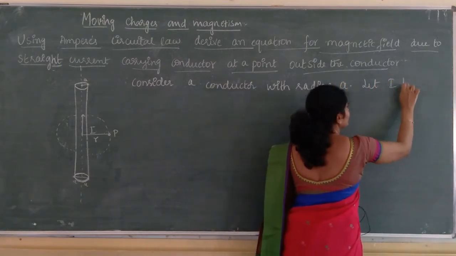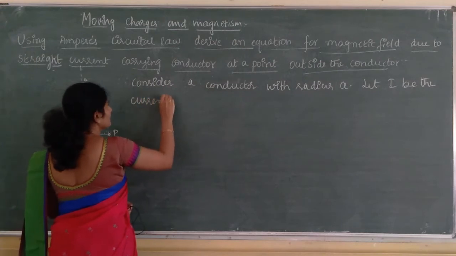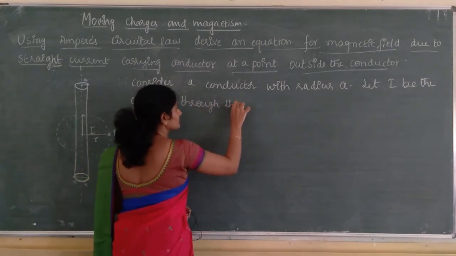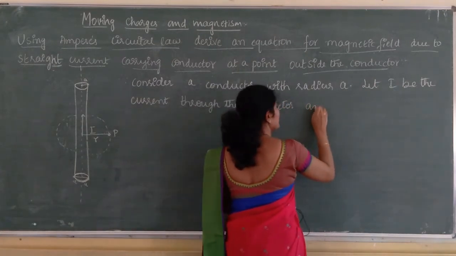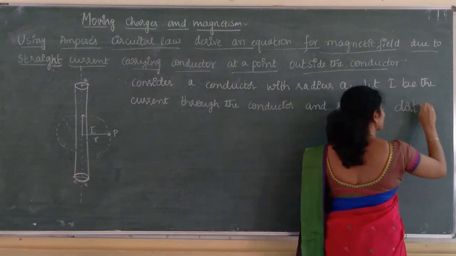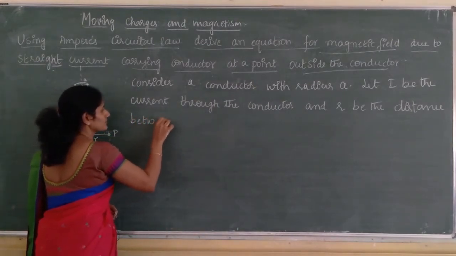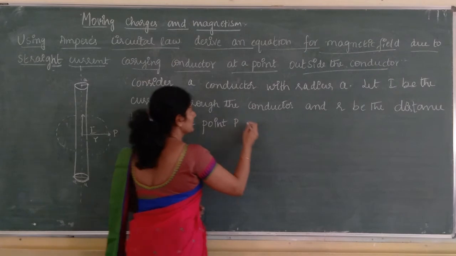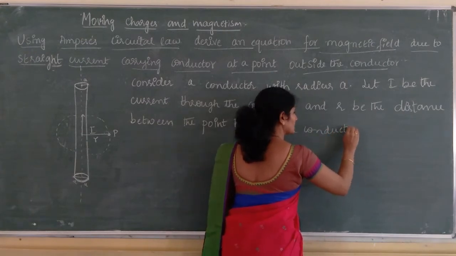Let I be the current through the conductor and R be the distance between the point P and the conductor, or from axis of the conductor.